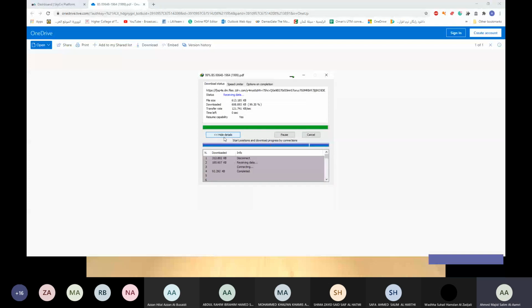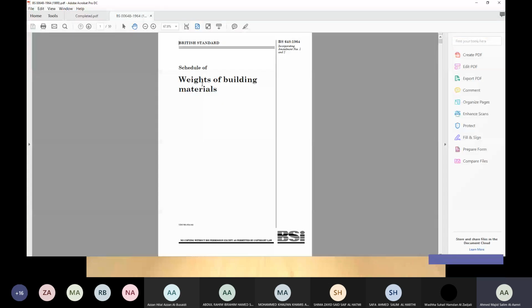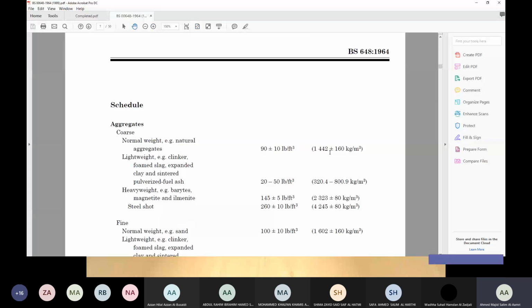Okay. So now this is the weights of building materials code. Different things are there. The most important thing is that you should identify what materials are to be used. For each material, there will be the mass or the density depending on the requirement.